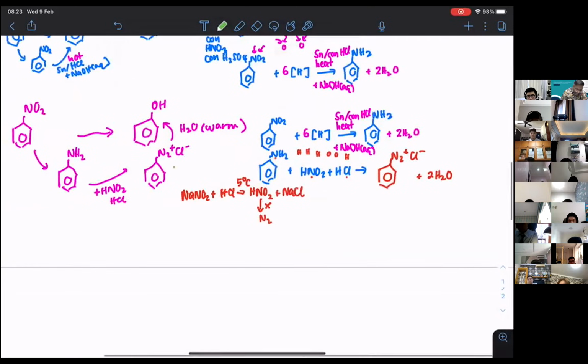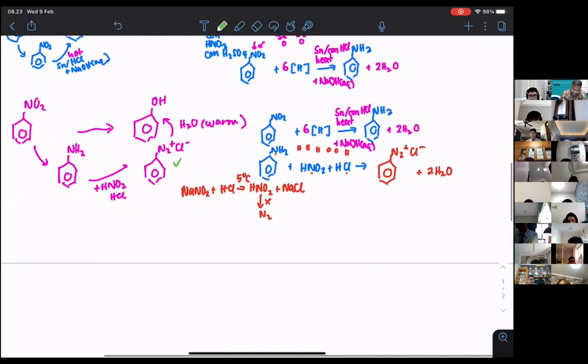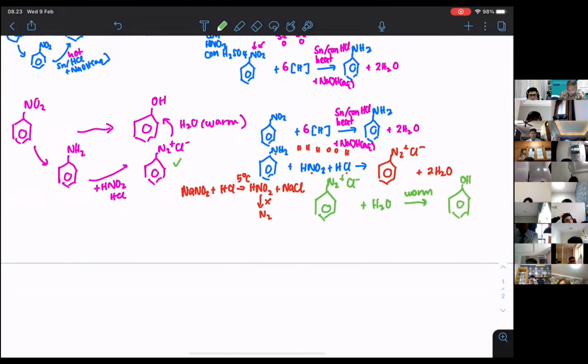Once you have this salt, N2+ Cl-, you react with water, which is going to be warm. You are going to get phenol, and if the OH went over there, it will give you N2.